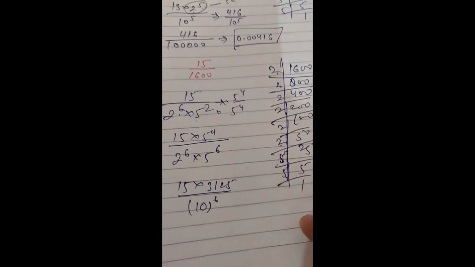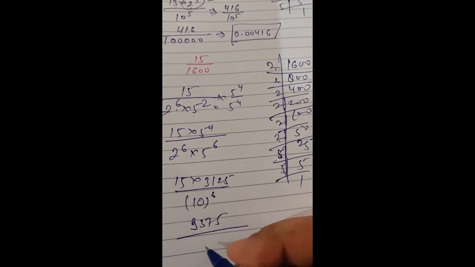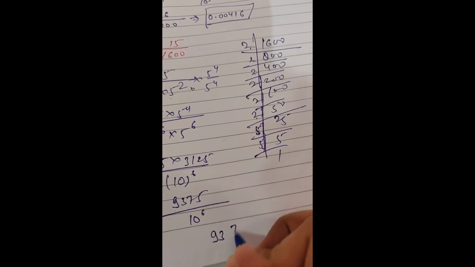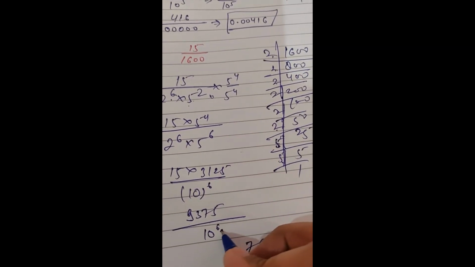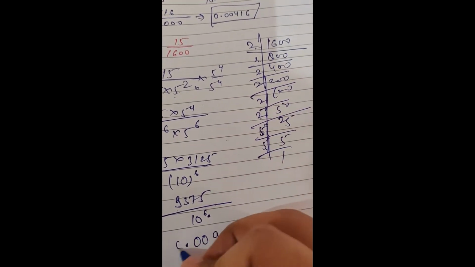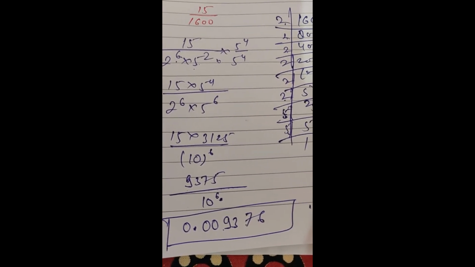So now 15 into 3125 will give you the result as 9375 upon 10 to the power 6. That means you require the decimal after 6 digits, so 1 2 3 4 5 6, and this will be your decimal. So this is the way you are going to do it.